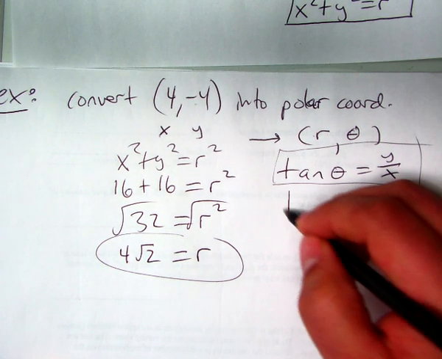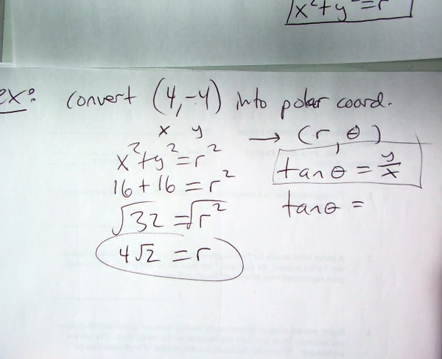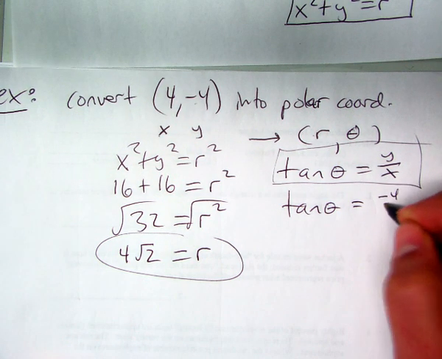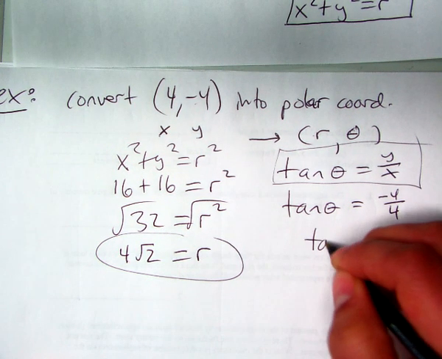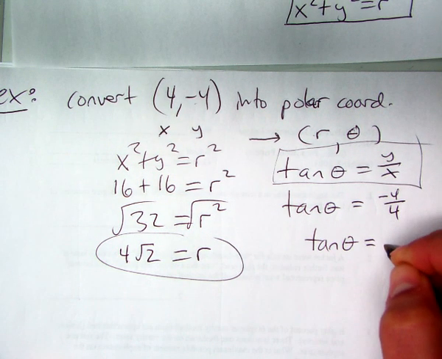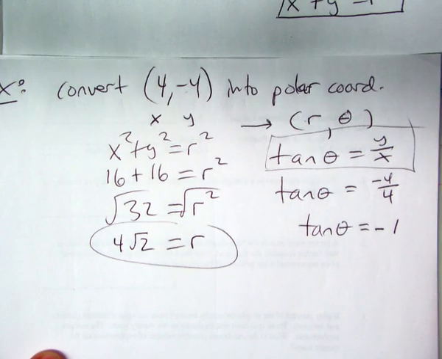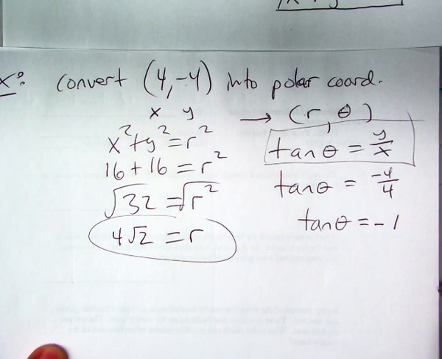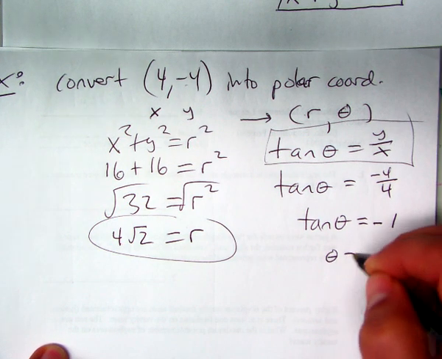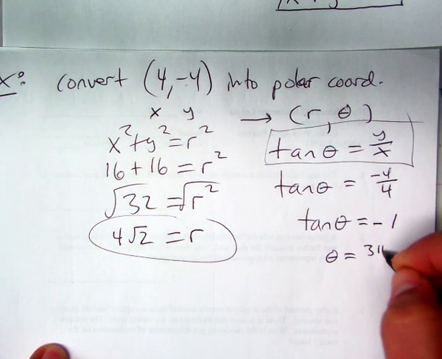Plug in y, plug in x, we get negative 4 over 4. So tangent of theta is negative 1, and yeah, you got to know your trig. You got to figure out what angle produces that tangent. 3 pi over 4. Is there another option? 7 pi over 4. Very good.